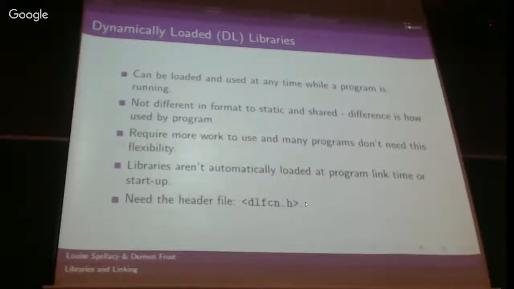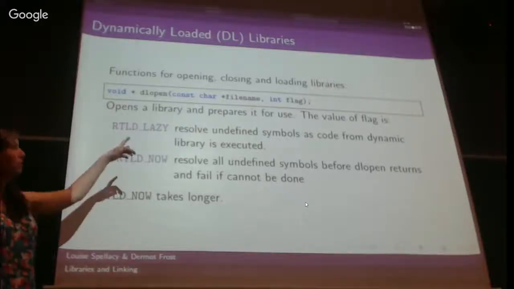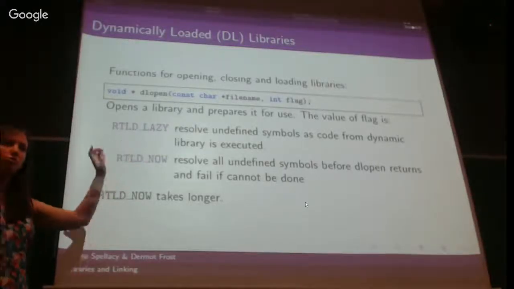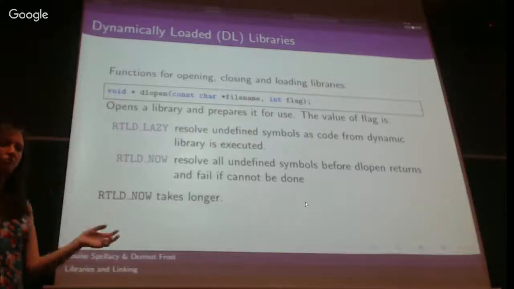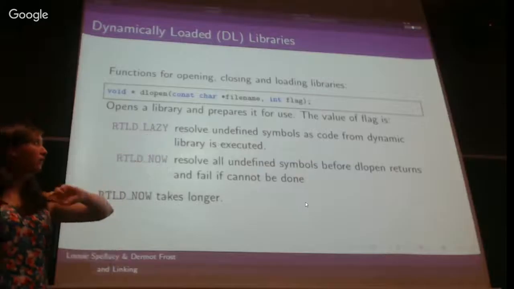So libraries aren't automatically loaded at link time or at startup, and you need the header file dlfcn.h. Okay. There are a couple of functions that we're going to be using to dynamically load libraries. The first one is dlopen. With dlopen, we provide a file name, a string listing the library that you want to load from, and then a flag.